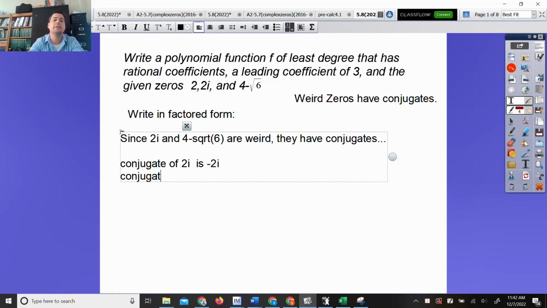What's the conjugate of 4 minus the square root of 6? It's quicker for me to type square root than it is to draw in a square root symbol. What's the conjugate of 4 take away a square root of 6? No. It's 4 plus square root of 6.